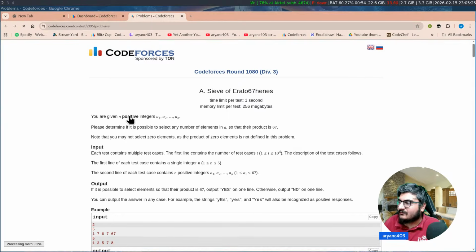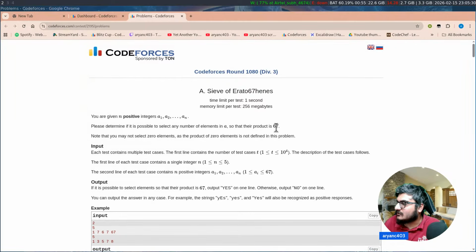The first problem says you are given n positive integers a1 to an. Determine if it is possible to select any number of elements in A so that their product is 67. Note that you may not select zero elements, as the product of zero elements is not defined in this problem. We are given up to 5 elements and have to check whether some of them form 67 as the product.